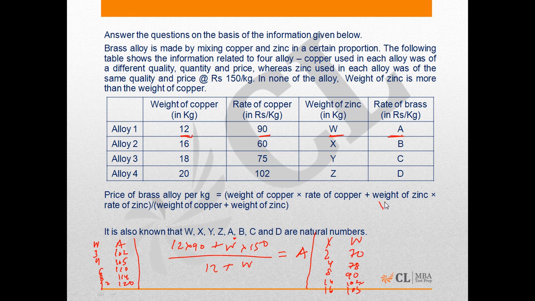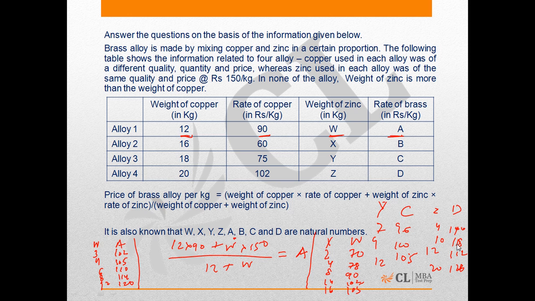For alloy 3, Y and C are 796, 900, 12 and 105, and for alloy 4, Z and D are 4 and 110, 10 and 118, 12 and 120, 20 and 126.